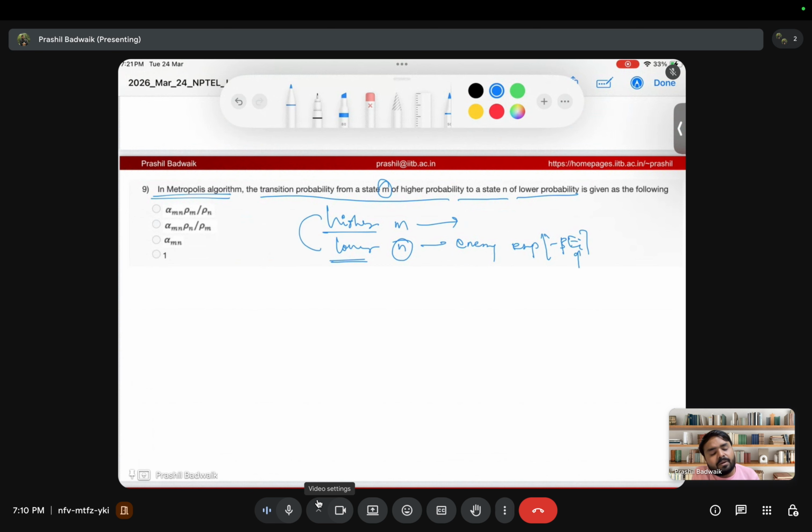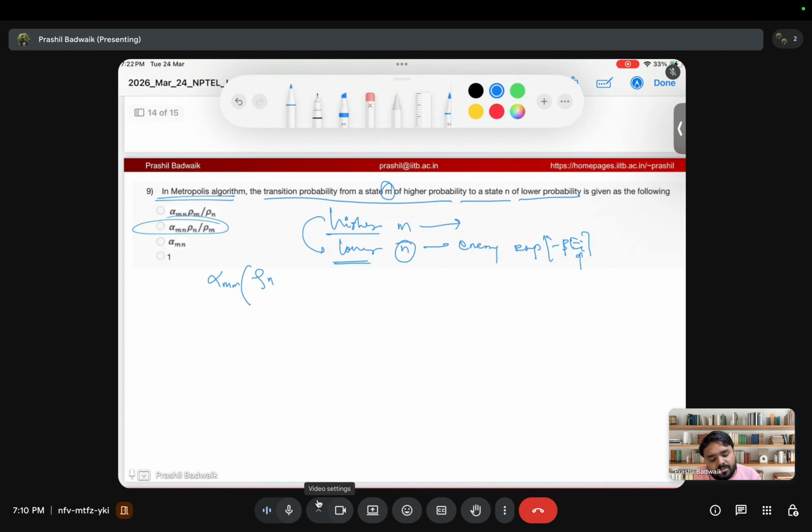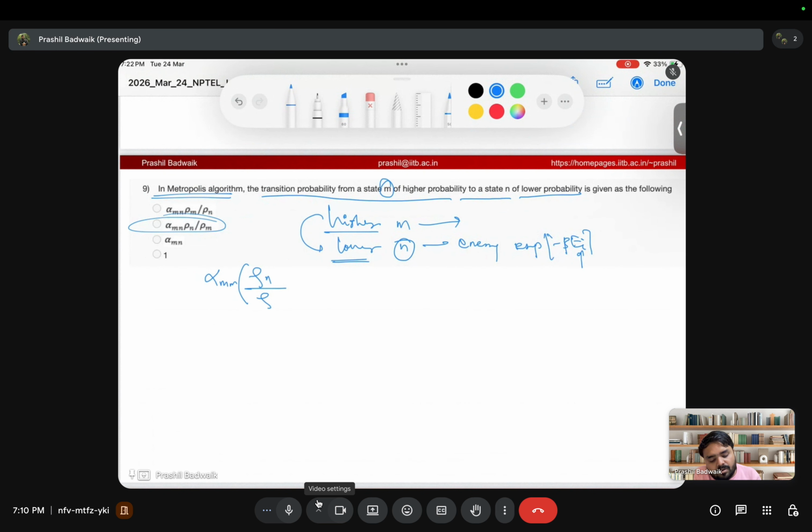So ideally this should not happen, right? We should not go to the state which has lower probability. But using the Metropolis criteria, we have to sample that also. That is important when we are stuck at a particular local minimum while sampling the phase space. The probability is given as the density of the higher state divided by the density of the lower state. So we are accepting, with some particular probability, whether to go from a higher probable state to a lower probable state.